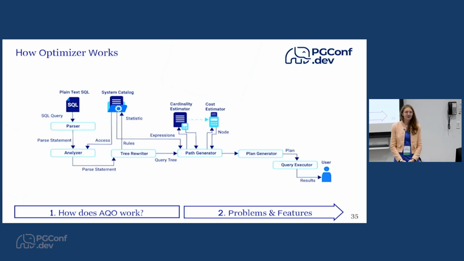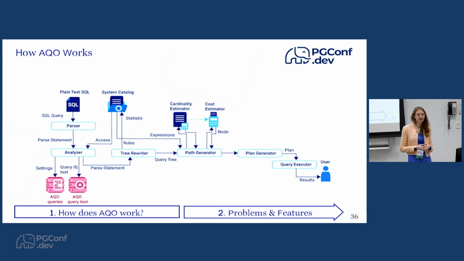So I think we all know how the optimizer works, but if anybody has some questions about it, I'll answer. I just want to point out that two components of AQO are located in the analyzer stage: AQO queries and AQO query text.